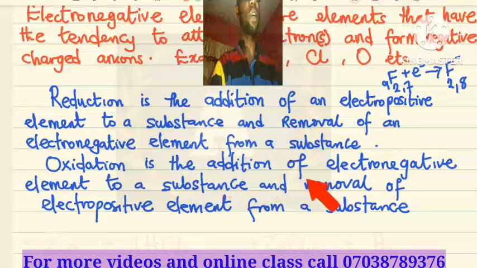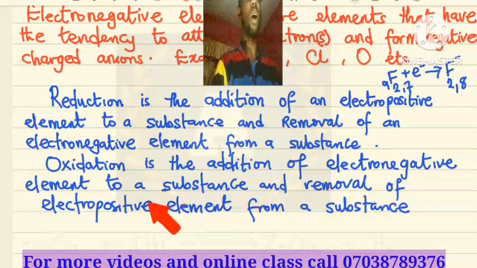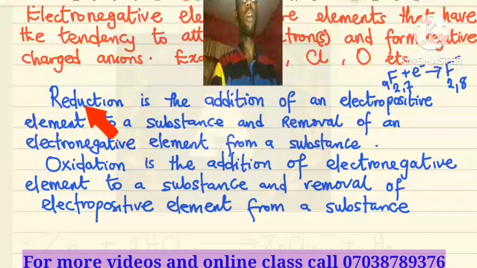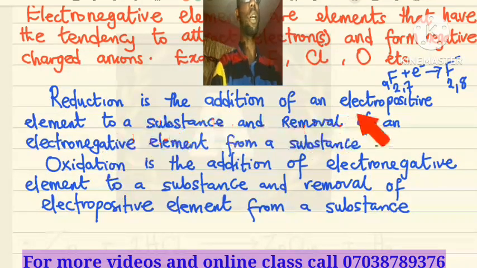Okay, so you know the definition of electropositive element and electronegative element, and you know the meaning of reduction and oxidation in terms of electropositive and electronegative elements.